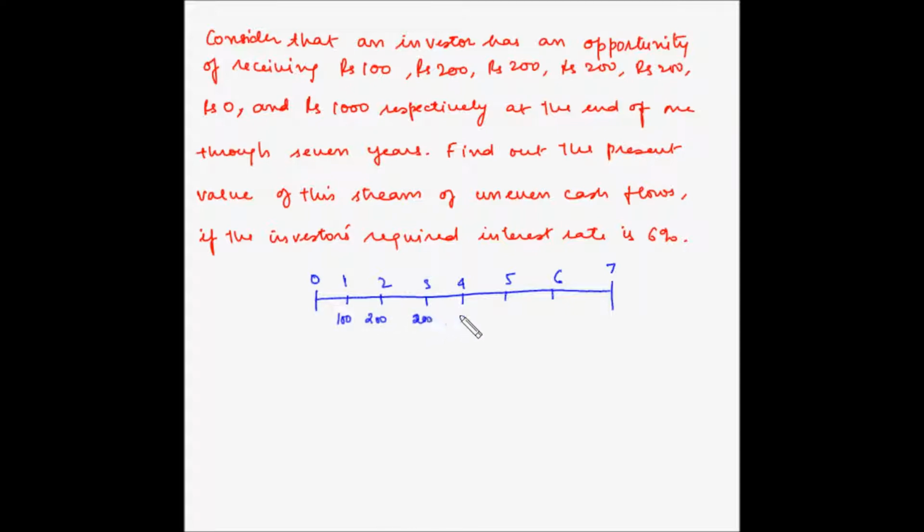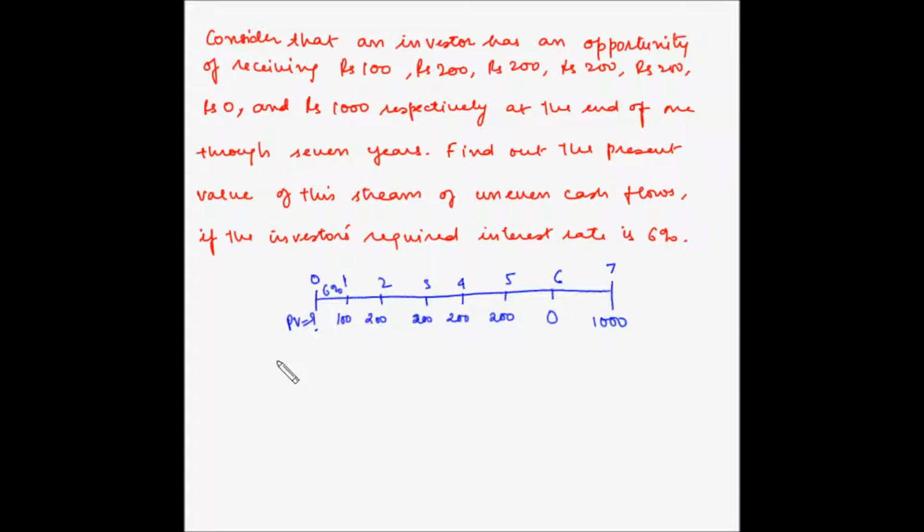Third year again 200, fourth year again 200, fifth year again 200. At the end of sixth year 0 rupees, and at the end of seventh year 1000 rupees. The rate of interest that the investor is getting is 6%. So here we have to find out the present value of this stream of cash flow when the interest rate is 6%. So what is the present value?